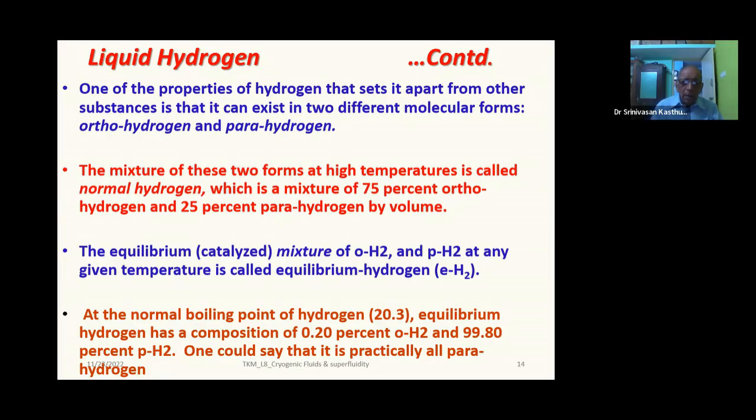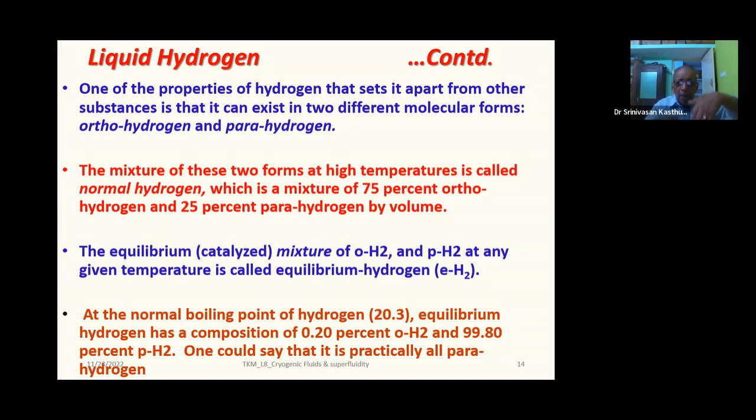We already saw hydrogen exists as a molecule, and the spins of the molecule, the 2 atoms together, have a total spin of 1. So when you have a total spin of 1, you can have 1, 0 and -1 in the case of orthohydrogen.